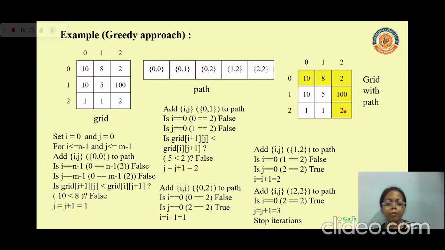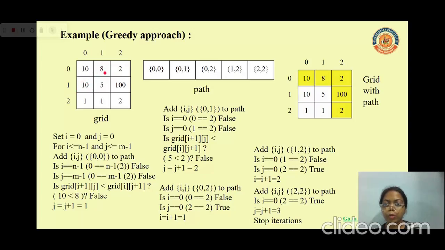And now this is the same example we have seen earlier. Now we are starting from here, 0 comma 0, and we are comparing. It is neither the last row nor the last column, so we will compare 8 and 10.